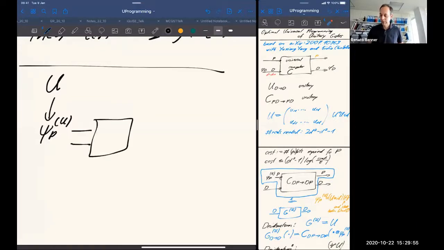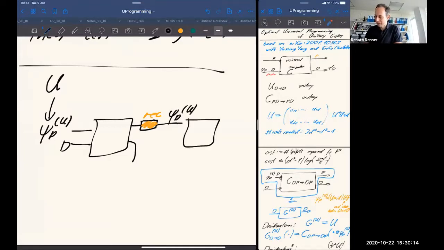So this is the program, and the machine takes data. But let's suppose now, after executing the machine, there would be some little operation, let me put it in orange, a kind of recovery operation that would recover the state psi_P^U. Now we could feed it again into the universal processor because we have recovered the program. We could repeat that many times, recovering it again and again.